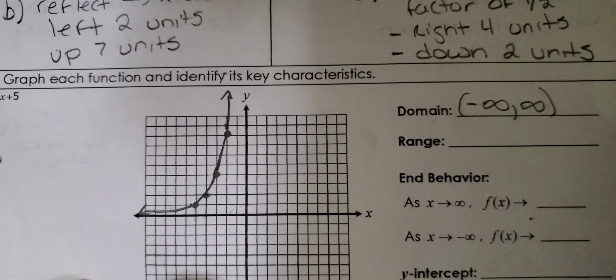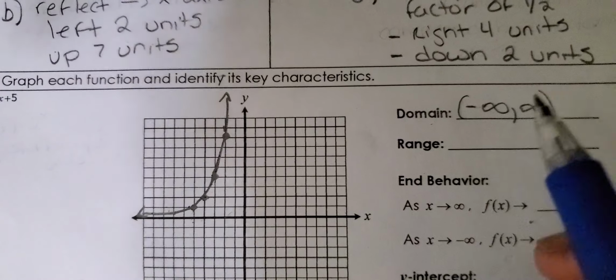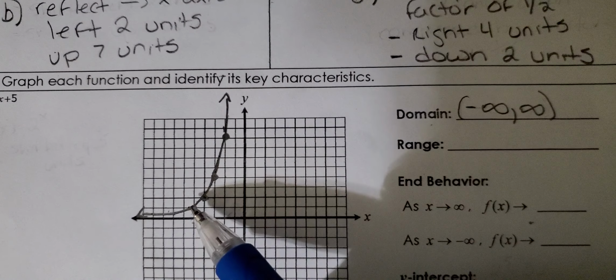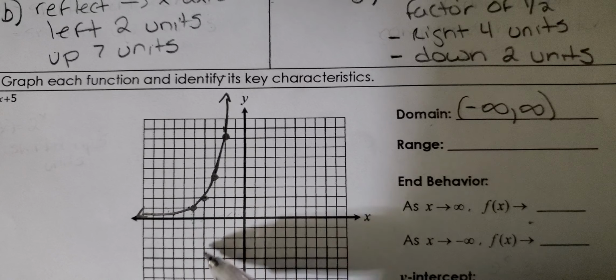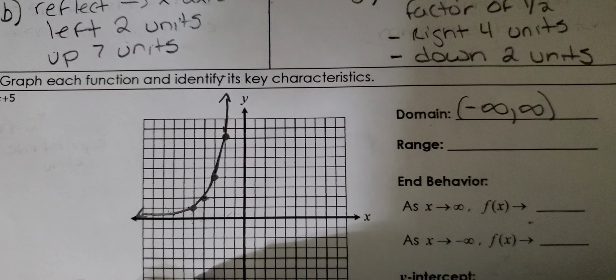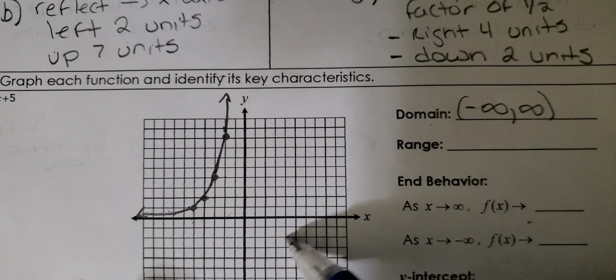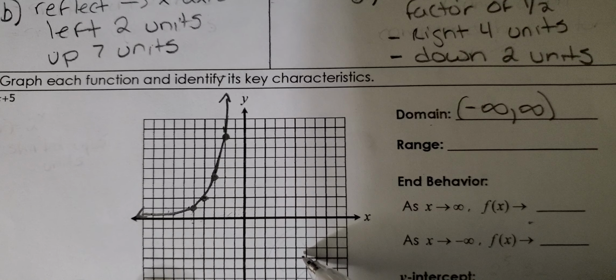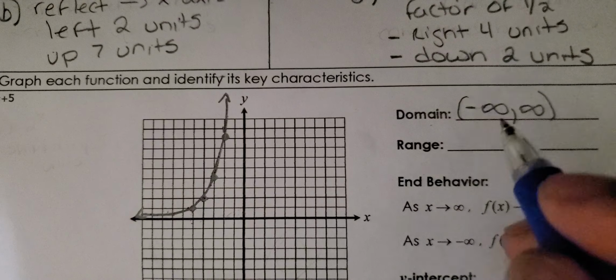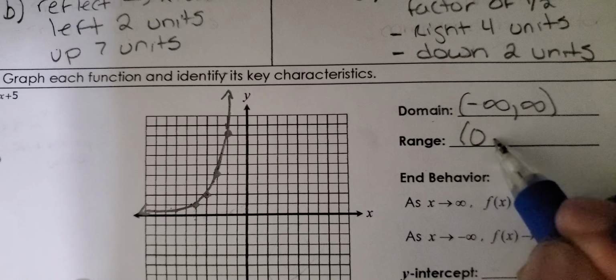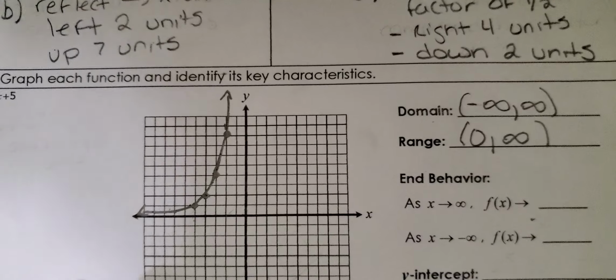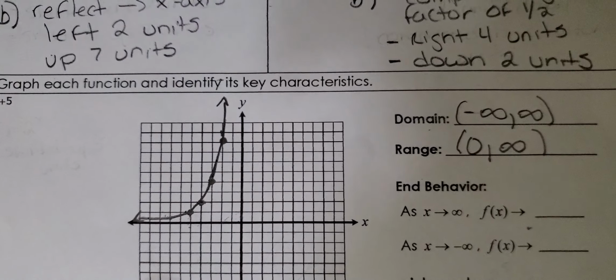My range, however, a little different here, because if I look at my graph never seems to go over here into this region of the coordinate plane, which is the third quadrant, nor does it enter this region as well, which is quadrant 4. So that means that my range is going to go from 0 to +infinity, meaning that there are no negative values for y here.